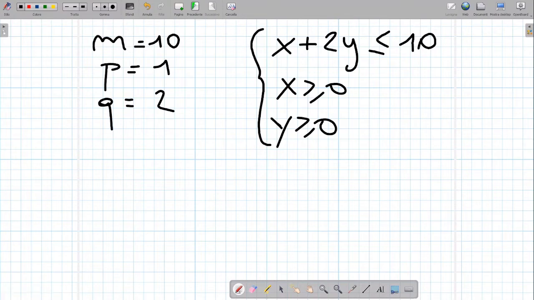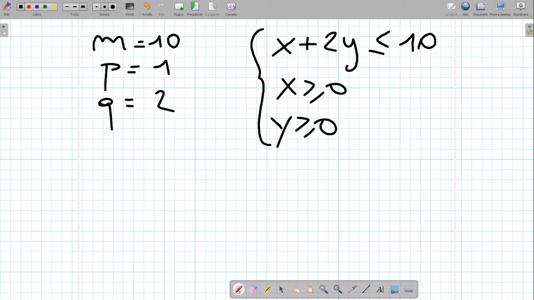Okay? So now we just need to find the region on the plane that describes these three inequalities, and in particular at the end we want the region that overlaps the three. Okay, so let's try to understand on the plane how we can derive this region.